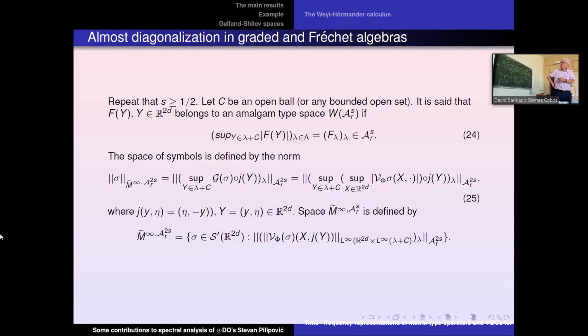Then Gröchenig and his collaborator did this in a more general setting, and what I wrote down is just an introduction, and I will explain this for projective and inductive limits of such spaces when R tends to 0 or R tends to infinity. So this is the subject of what is going on.